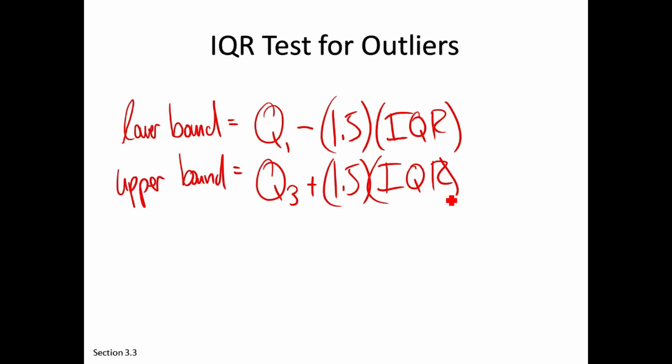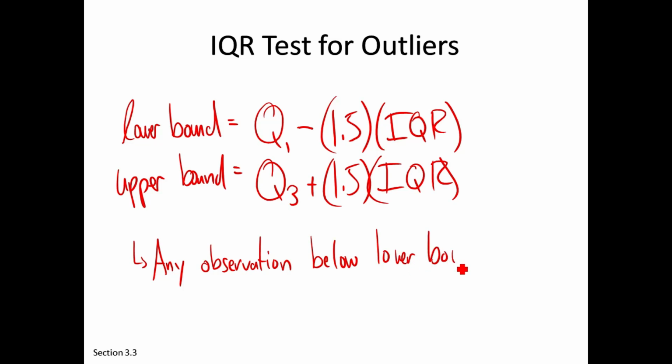And then what we look for is any observation either below the lower bound or above the upper bound.